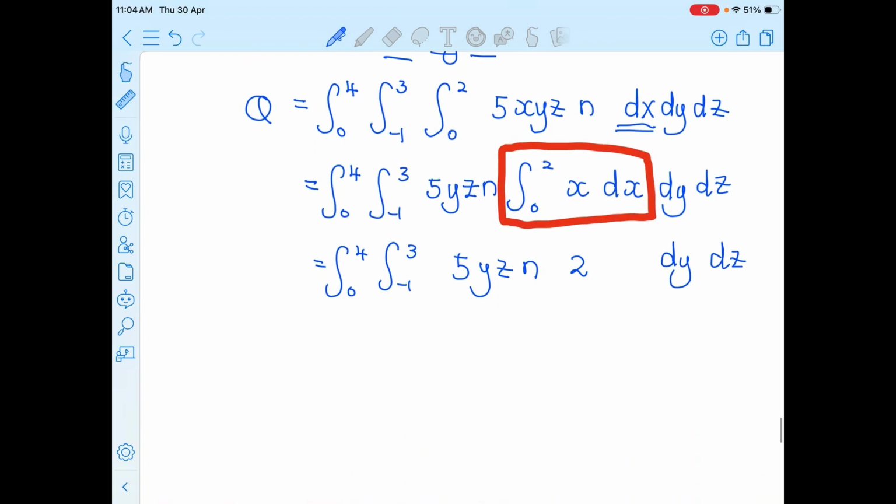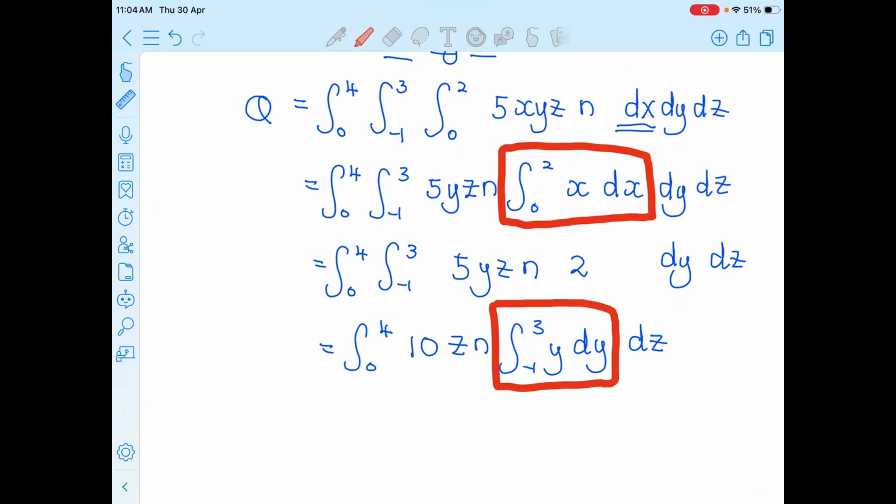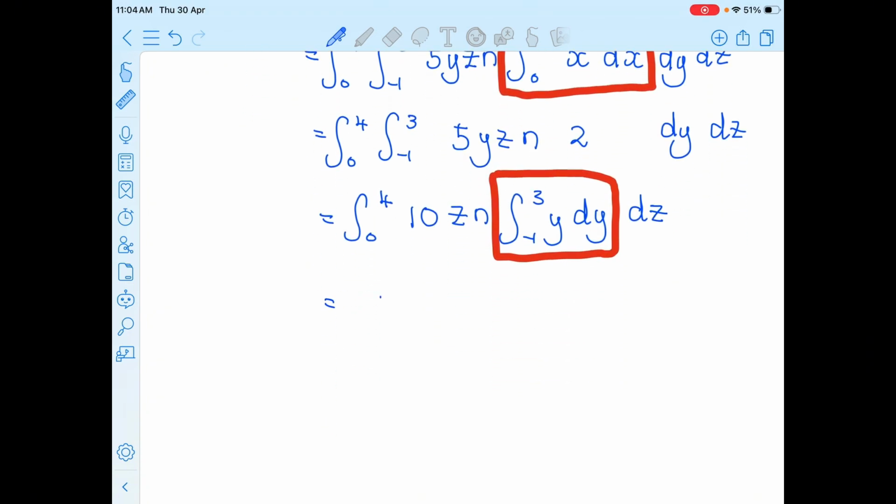While I perform the integration with respect to y, I bring out all the constants, so here I write down 10z nano, and I focus on the y integration. Again, you can get your answer from the calculator. The answer will be 4. When I multiply 4 with this, I get 40z nano.